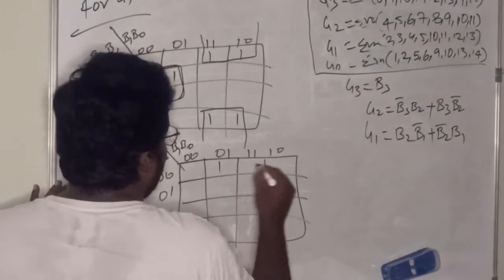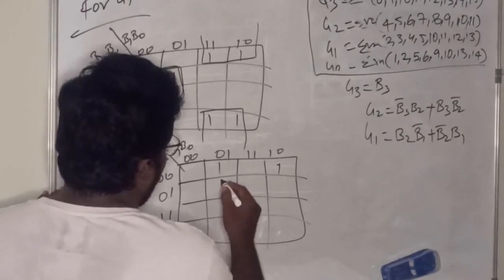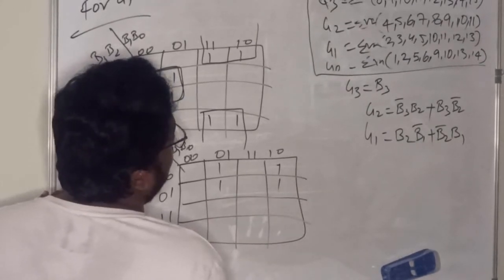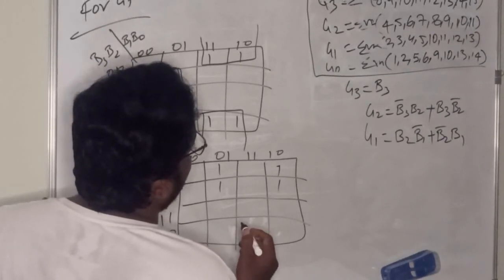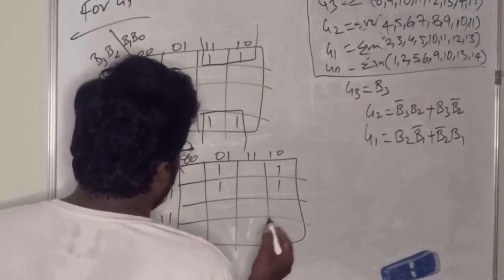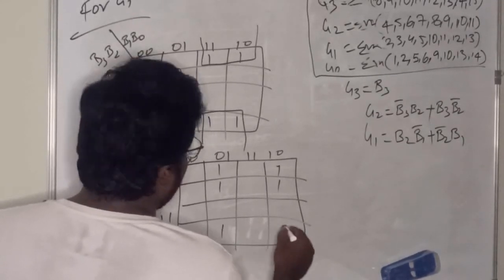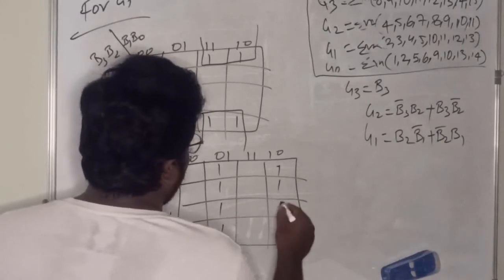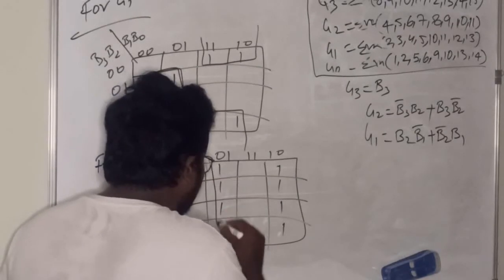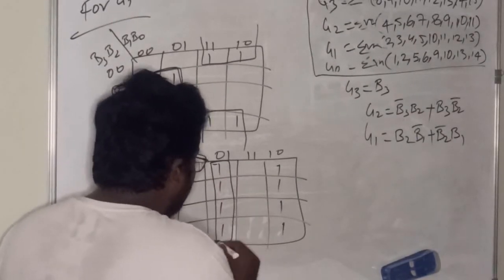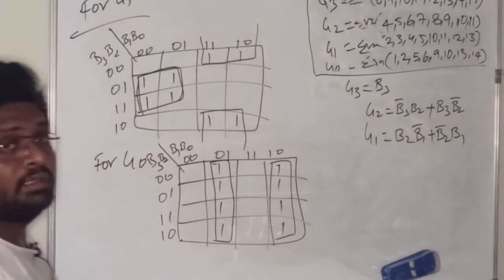So this is 1, 2, next one is 5, 6, next one is 9, 10, 13, 14. So from these minterms also we can form two quads. This is one quad and this is another quad.